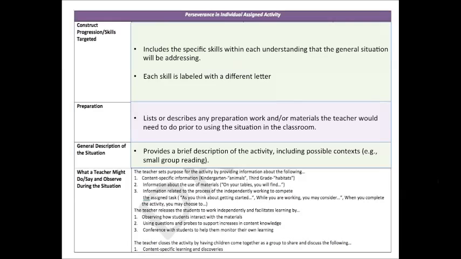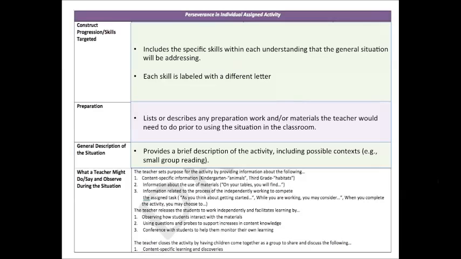So this is, in a nutshell, what the activity is and what the possible contexts are, so that a teacher can quickly identify, this is a whole group activity that I might do within my reading instructional time.